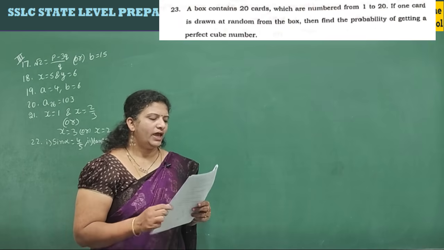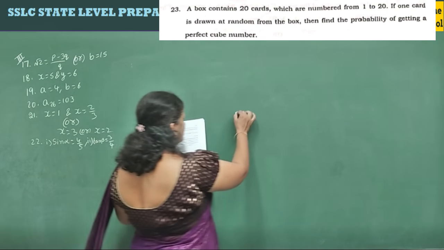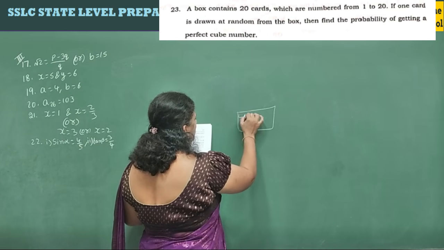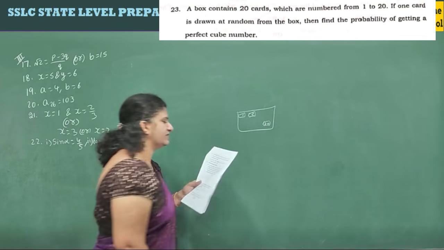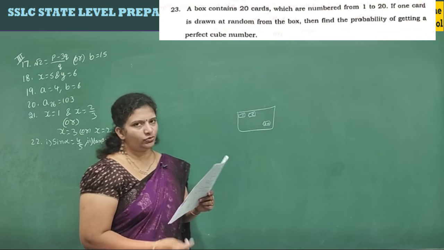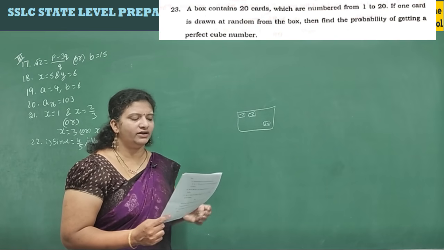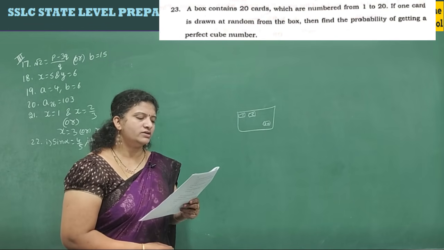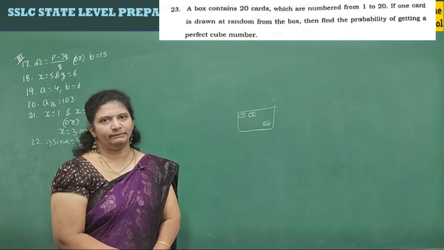23rd problem. A box contains 20 cards. Let's imagine a box, children. 1, 2, like this. You will be having 20 cards in a box, which are numbered from 1 to 20. If one card is drawn at random from the box, then find the probability of getting a perfect cube number.